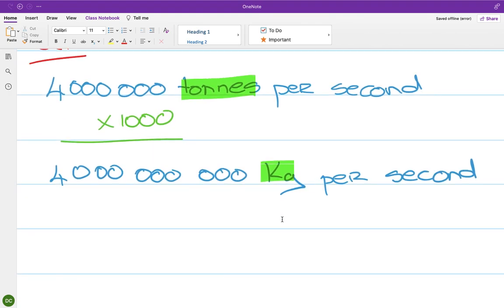Okay, the second one we need to convert is a bit harder. We need to convert the seconds. So you have to kind of go up through the stages. You ask yourself how many seconds in a minute, and it is 60. So we're going to multiply by 60.